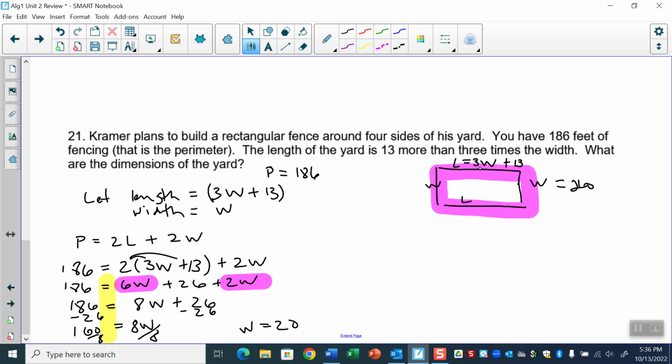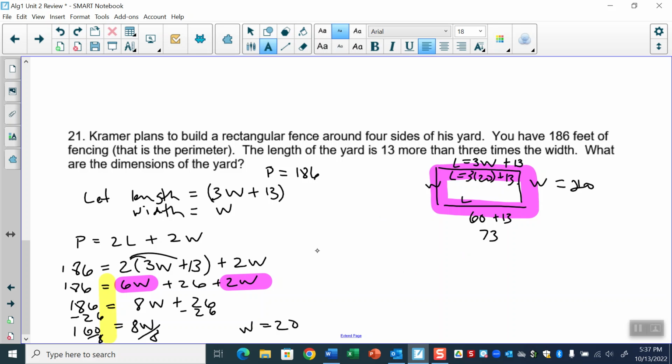So now what you're going to do is substitute in here. So my length is going to be 3 times 20 plus 13. So that would be 60 plus 13. Remember PEMDAS, you're going to multiply first and then add. All right, so that would be, oops, not 80. That's going to be 73 for my length. All right, so we need to answer the question.